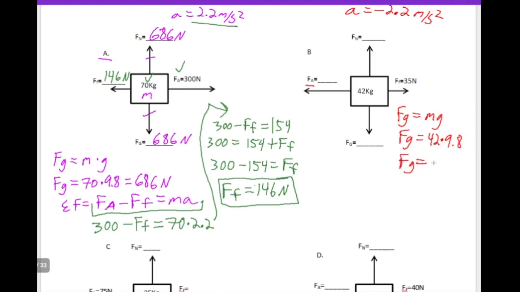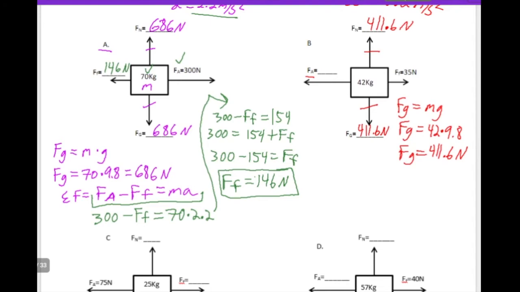Therefore, the force gravity for this problem should be 411.6 newtons. Go ahead and write that right here, 411.6 newtons. We can see that gravity and normal are the same size, so normal is also 411.6 newtons.